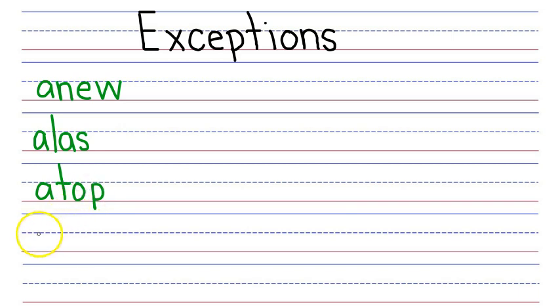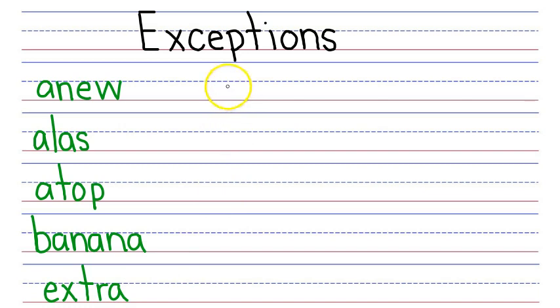Next word, banana. Banana is spelled B-A-N-A-N-A. Next word, extra, is spelled E-X-T-R-A. Next word, the. The is spelled T-H-E.